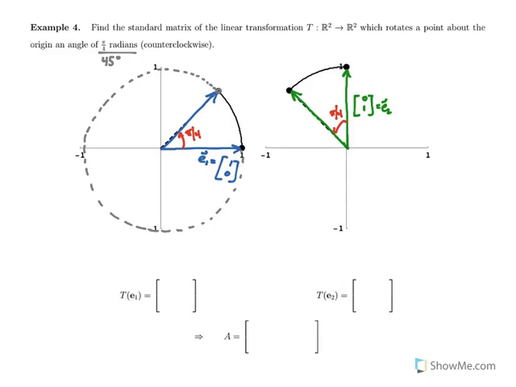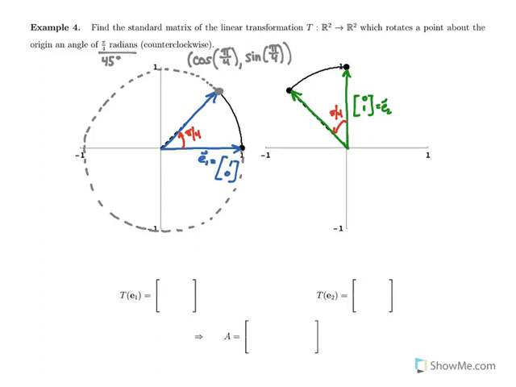And the point that that's associated with is, from trigonometry, we know that this is going to be cosine of the angle pi over 4, sine of pi over 4. That is the x-coordinate and the y-coordinate on that unit circle.